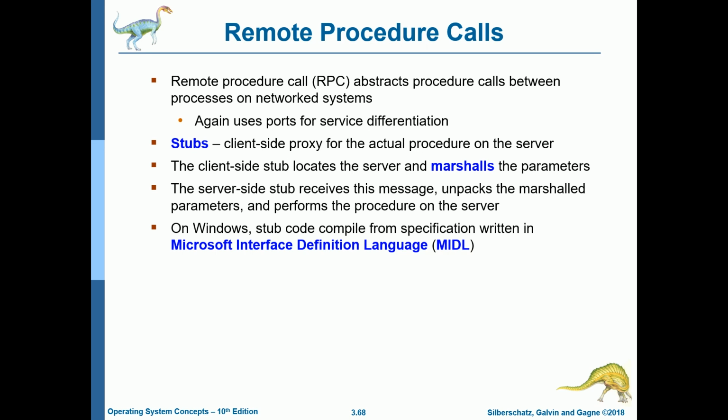The RPC system hides the details that allow the communication to take place through a stub on the client's side. This stub locates the port on the server and then marshals the parameters. The stub then transmits a message to the server using message passing.